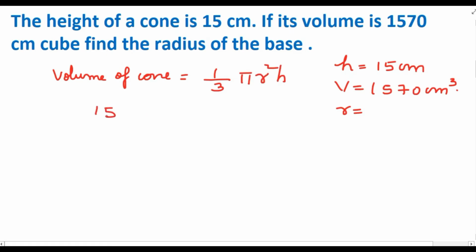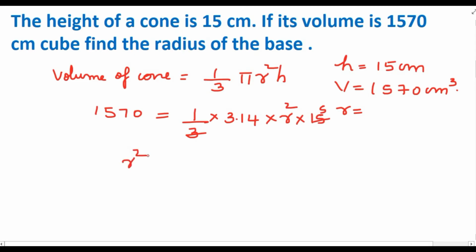Here they have already given the volume, so we can substitute: 1570 equal to 1/3 into 22/7, or we can substitute 3.14 also, into r square, I don't know the value of r, h is 15. So when you cancel this, you have 5.